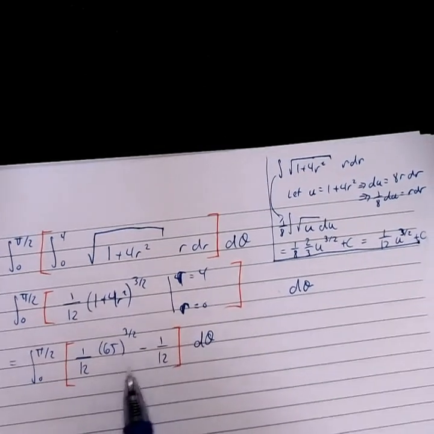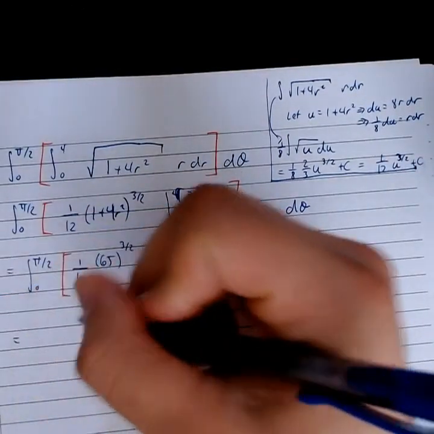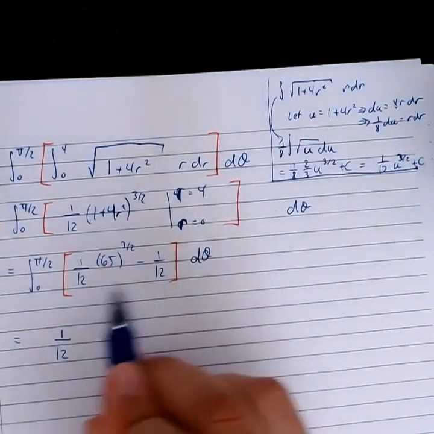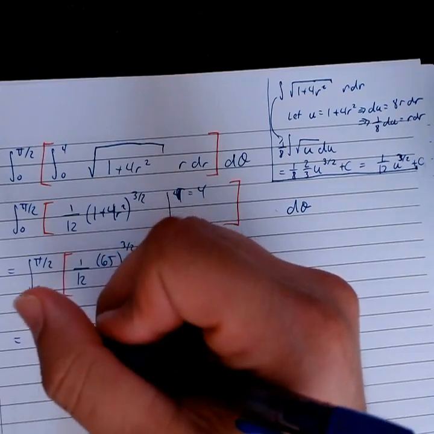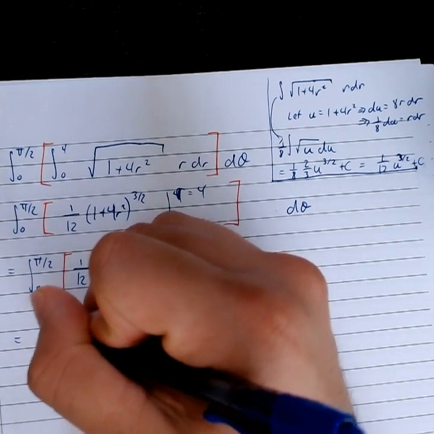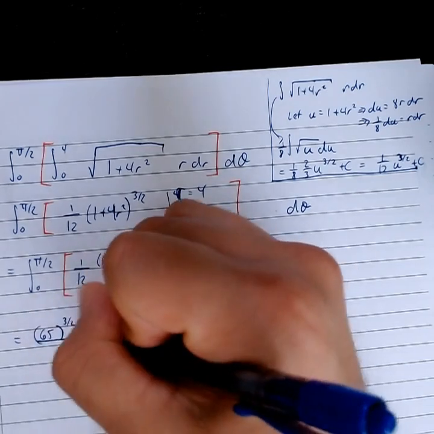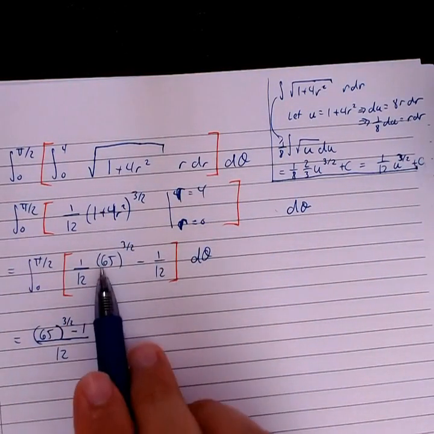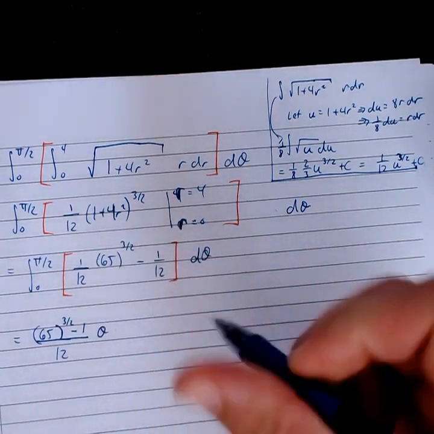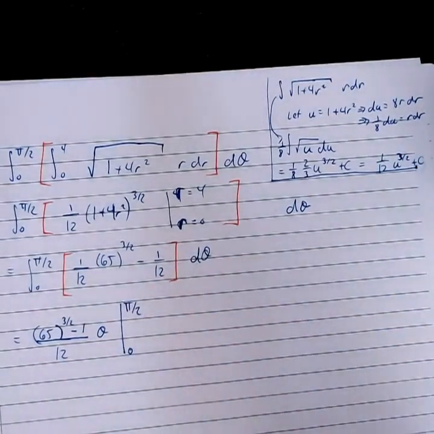And if I want to take the integral of a constant, it just becomes the constant times the variable of integration. So this is now 1 over 12 times, here let me factor out a 1/12 just to make this a little cleaner. This is going to be 1/12 times 65 to the 3/2 minus 1. Right? The 12 is my denominator. 65 to the 3/2 minus 1 is my numerator. And that's times theta, because I've integrated with respect to theta, evaluated from 0 up to pi over 2.